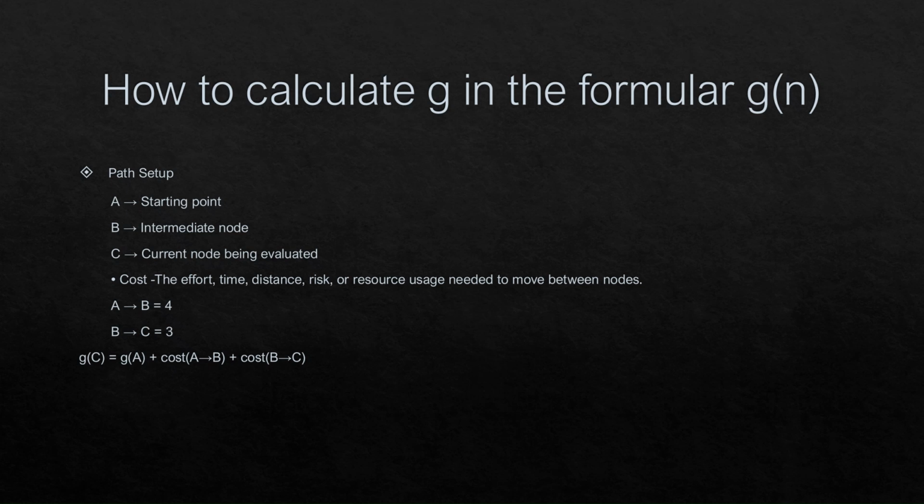The cost is the effort, the time, the distance, and the risk, or the resource usage needed to move towards the node. What you see here below is the formula used when you are calculating the G in the formula.